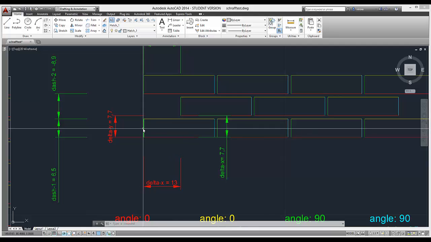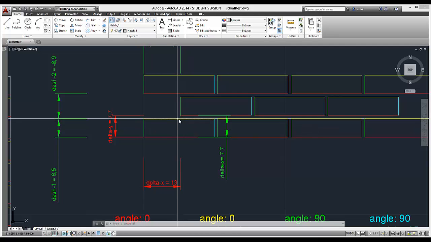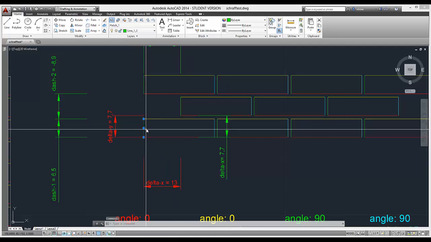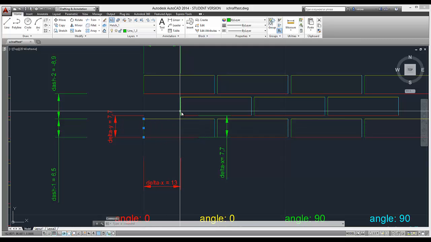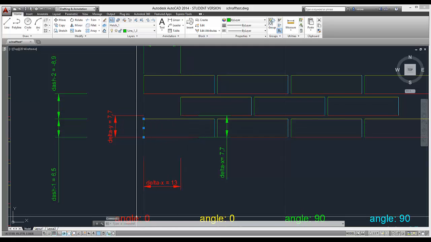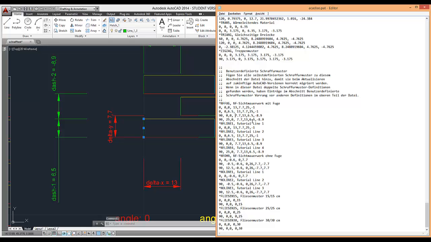What it does is with each line, it moves this piece up by 7.7 centimeters. And the delta y value is now the 13 we've used as a delta x value in the previous line, which is exactly this distance in between the two hatch lines.